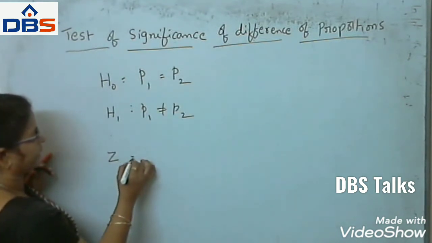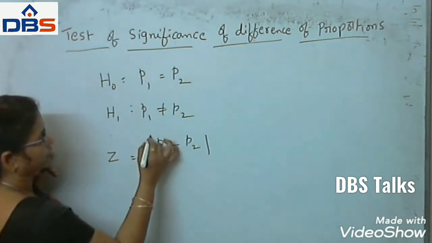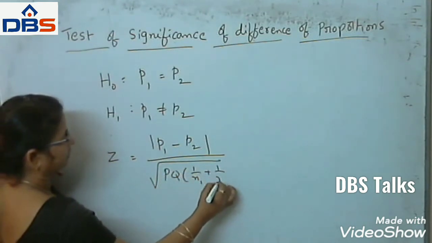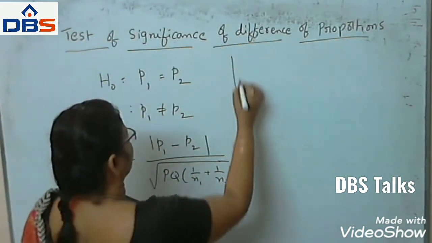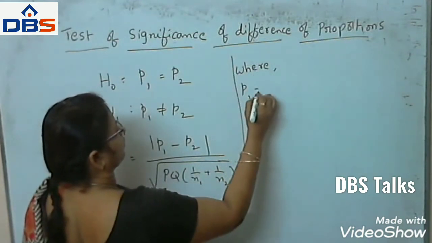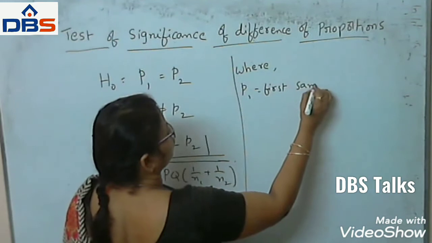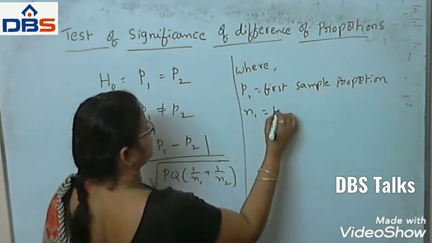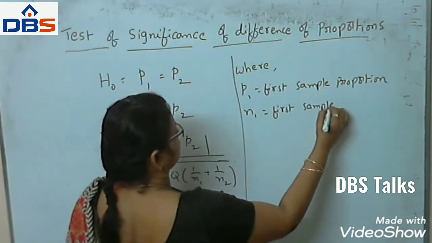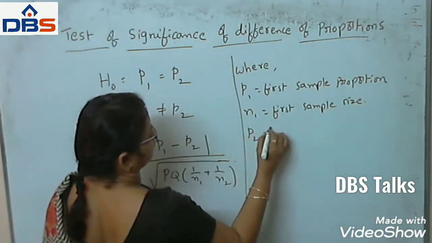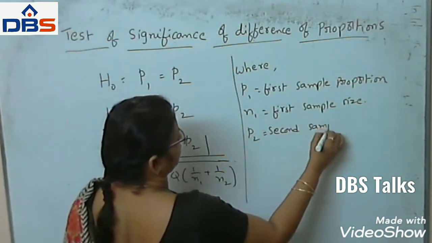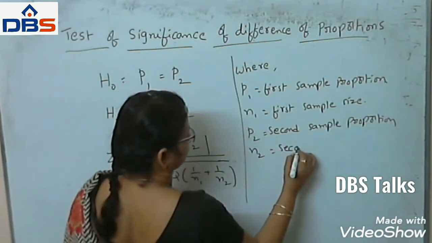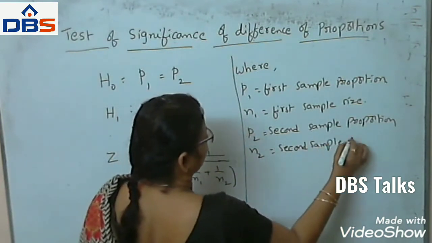For this, the value of Z equals modulus P1 minus P2 by root of PQ into 1 by N1 plus 1 by N2, where P1 is the first sample proportion, N1 the first sample size, similarly P2 the second sample proportion, N2 the second sample size.